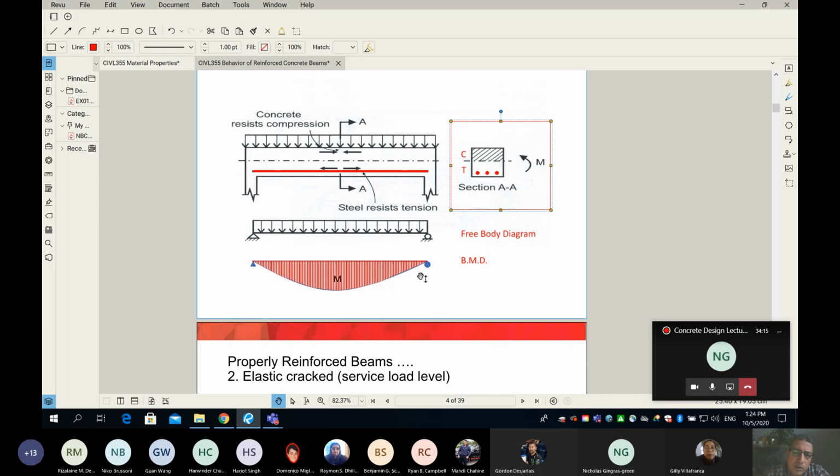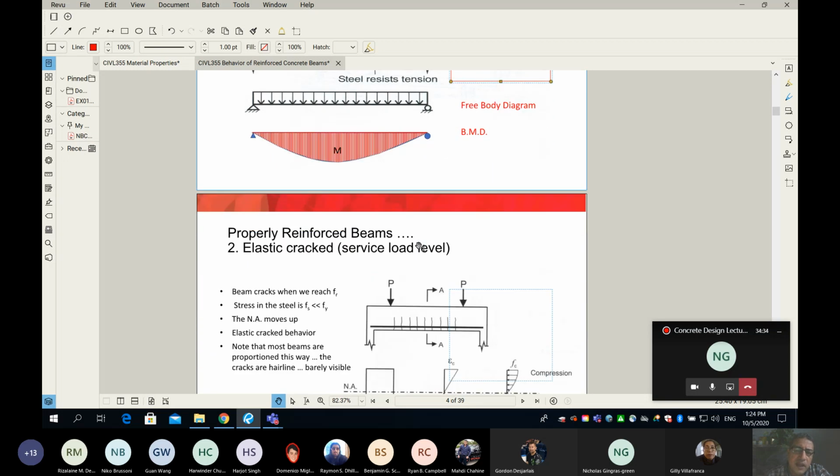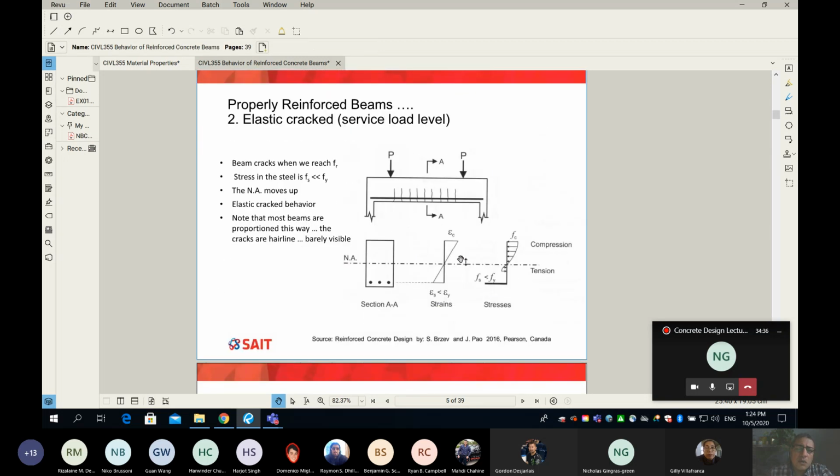So if the bending moment exceeds the M sub cr, because the beam has some reinforcement, it will still hold up and carry more load. If your beam has no reinforcement, it is going to crack and immediately fall to the ground.